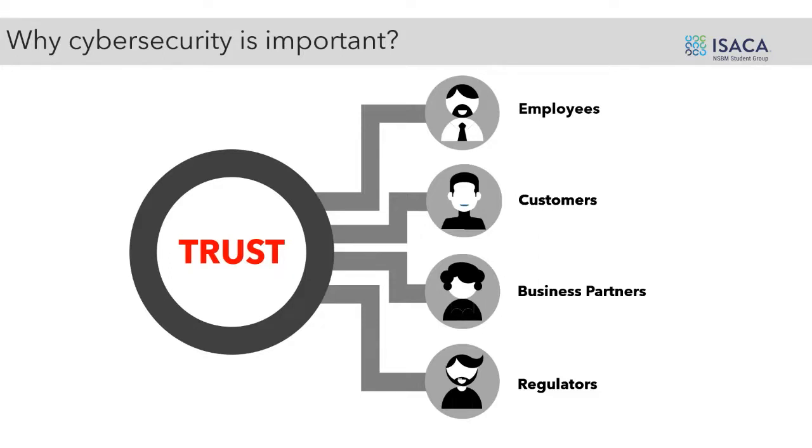There are other stakeholders as well, like general citizens, to whom we need to be accountable. So ultimately, from this point onwards, for the rest of the time that we are going to spend, one thing we need to keep in mind is that our role as cybersecurity professionals, when we begin this journey, is all about building trust.